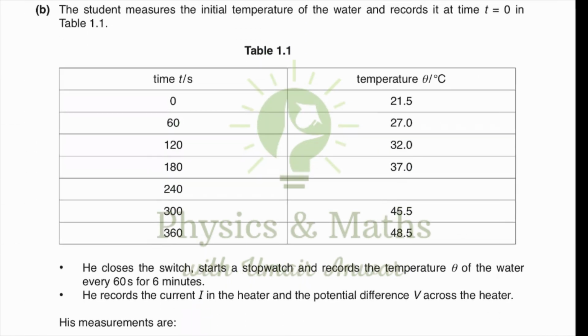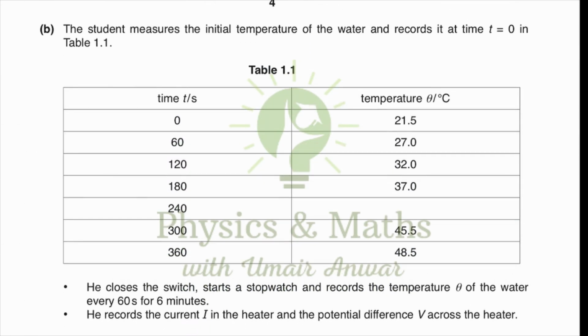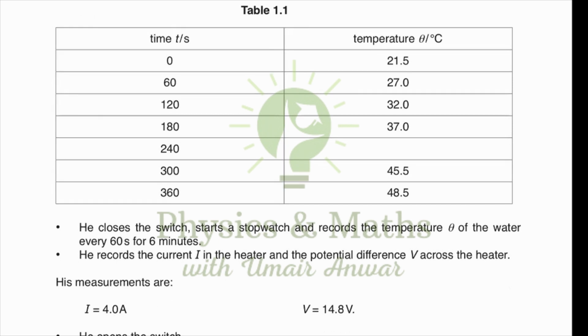In the next part, the question says the student measures the initial temperature of the water and records it at time t is equal to 0 in table 1.1. So we have initial temperature of the water as 21.5 degrees centigrade. He closes the switch, starts a stopwatch, and records the temperature theta of the water every 60 seconds for 6 minutes.